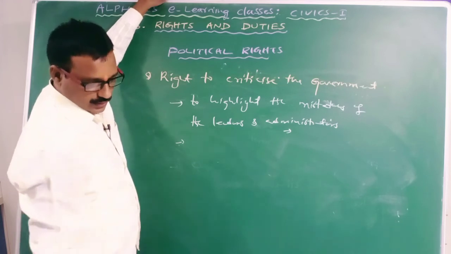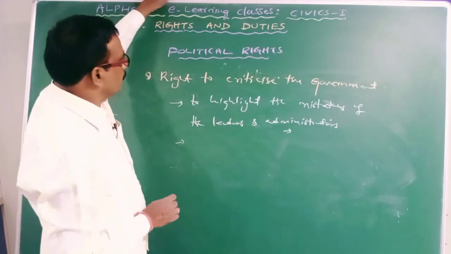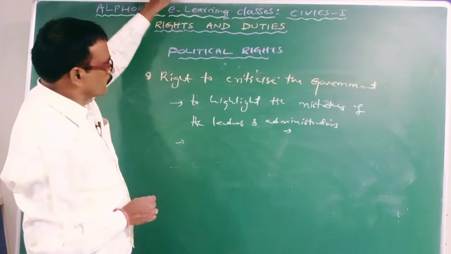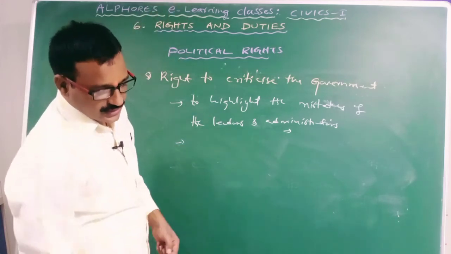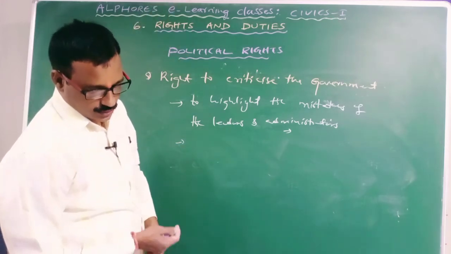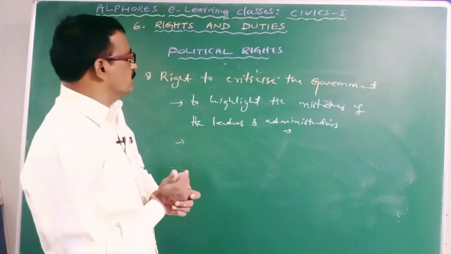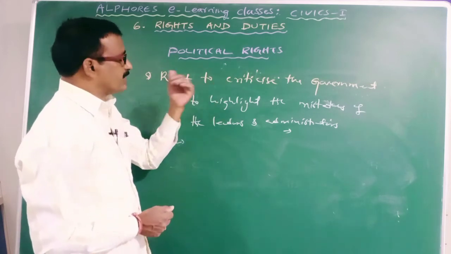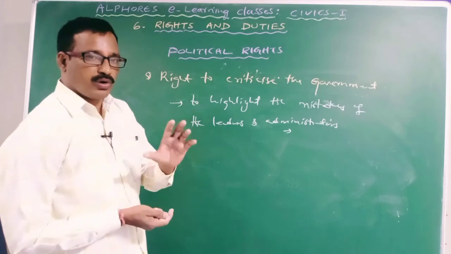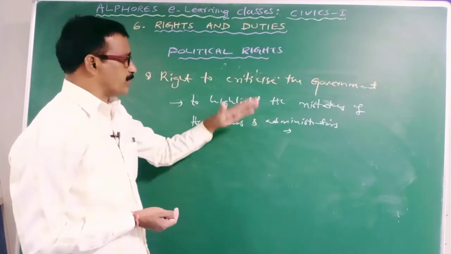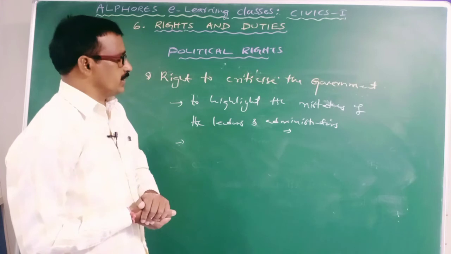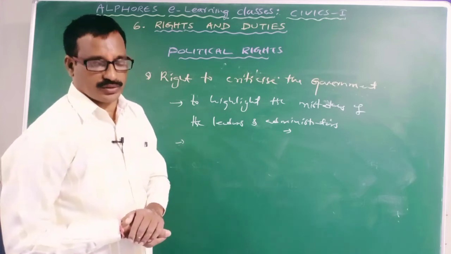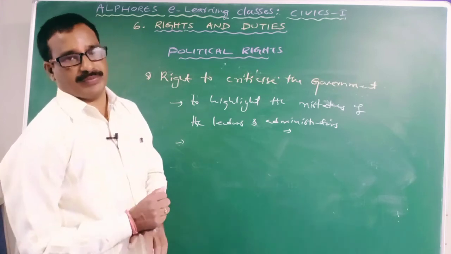Clear? And last one, this right keeps the administrators and policymakers vigilant in discharging their duties. Clear? So ultimately this right keeps all the leaders, administrators and policymakers vigilant in discharging their duties in a proper way.